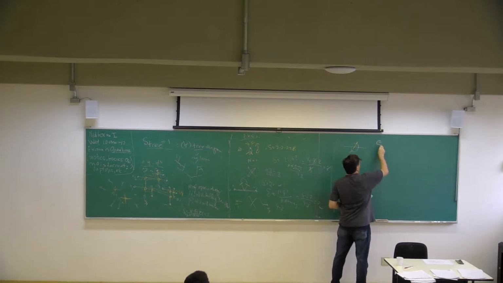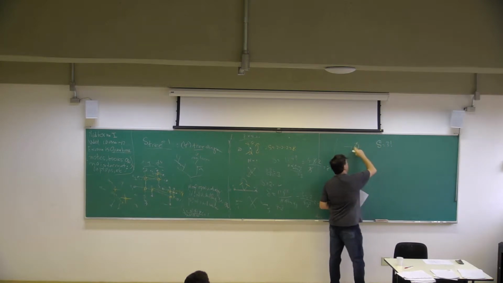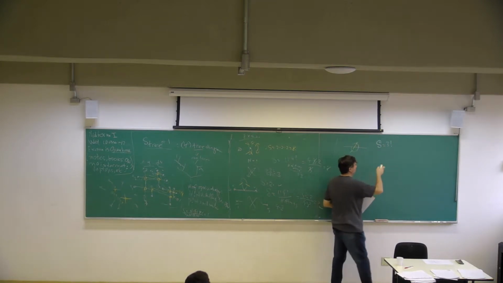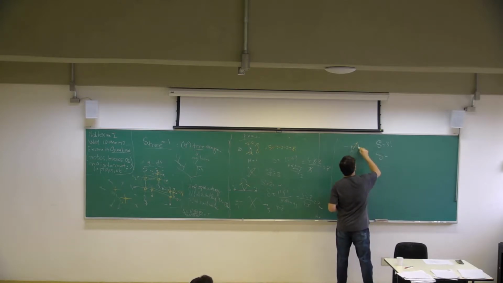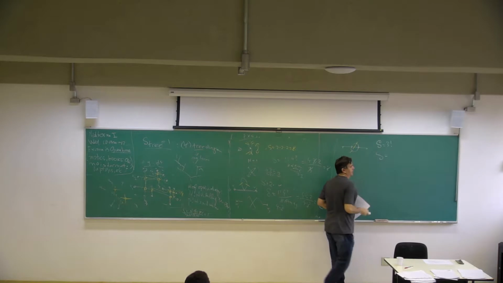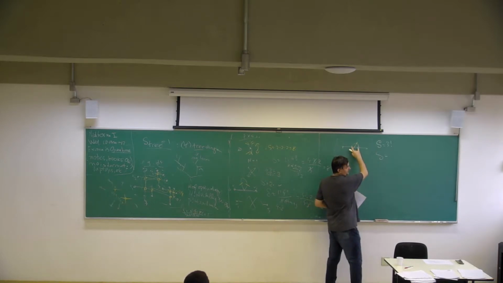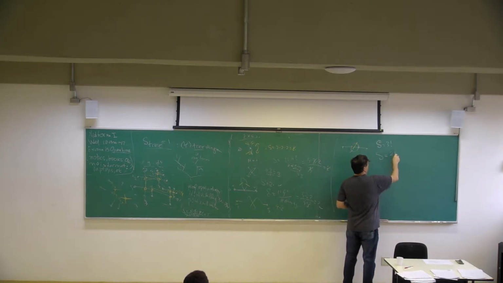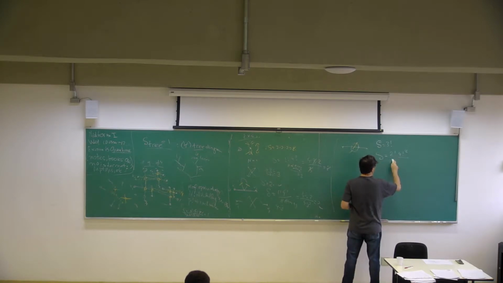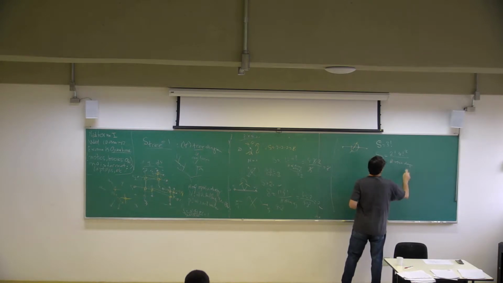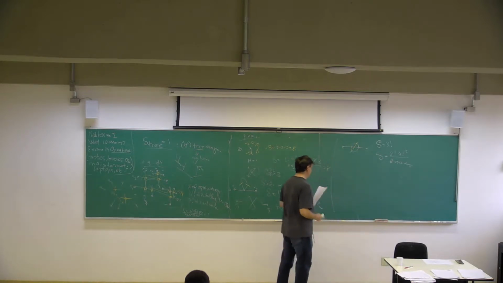So S is 3 factorial for the permutation of these 3 lines among themselves. But S is also equal to n factorial. Now we have 2 vertices. So 2 factorial. And for each I have 4 factorial of a number of equivalent diagrams. Okay?